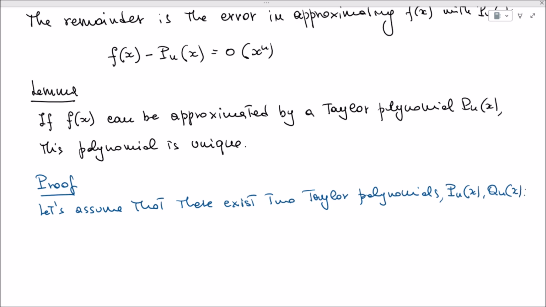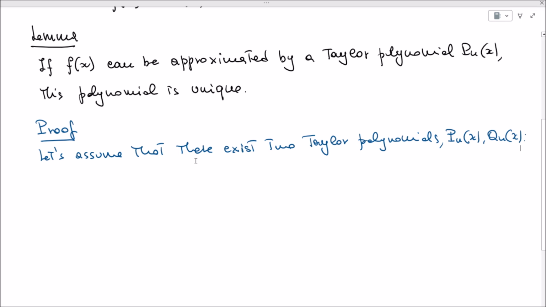Well, if these two polynomials are Taylor polynomials, that implies that the degree of Pn of x is less than or equal to n, and f of x is equal to Pn of x plus little o of x to the n.